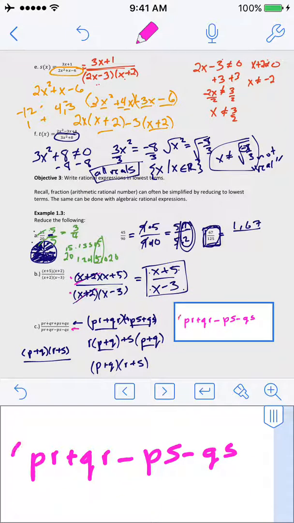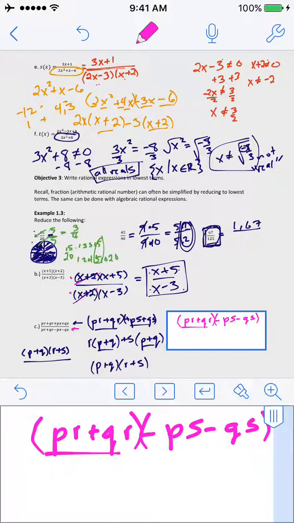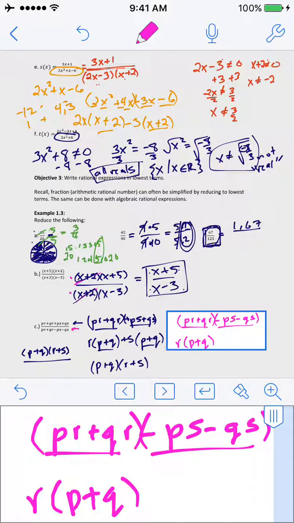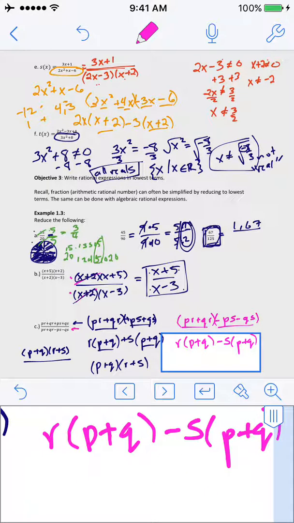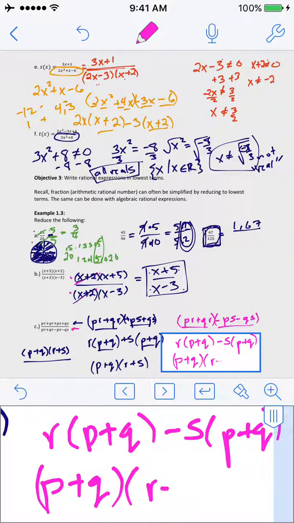But let's go with grouping here. I get, okay, here they have an R in common. P plus Q is left over. Here they not only have an S in common, they actually have a negative sign in common, so we'll do minus S, P plus Q, and now they've got a P plus Q in common. So we'll take that out, and what's left over is an R minus S.